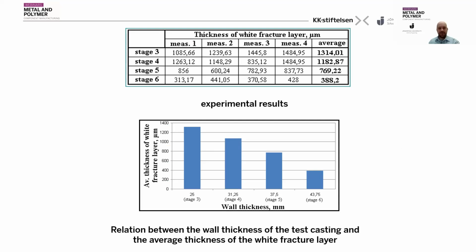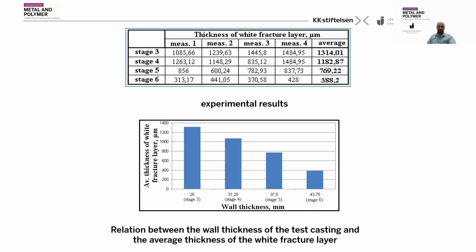Next. And then if you see the first table, we have found out that the thickness of this white fracture layer is decreasing as we have thicker and thicker wall thickness in the casting. So in the bottom picture, we can see how the white fracture layer thickness is related to the wall thickness of the casting.